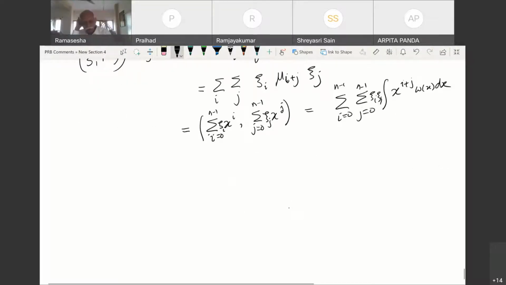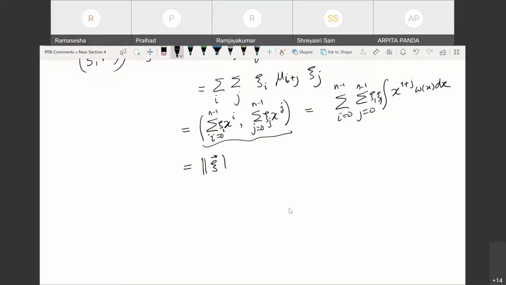Okay. So now, what is this equal to? This is equal to the integral of psi squared, where psi is equal to psi 0 plus psi 1 x plus psi 2 x squared, etc., plus psi n minus 1 x to the power n minus 1.